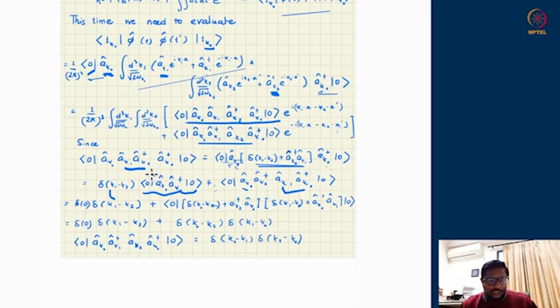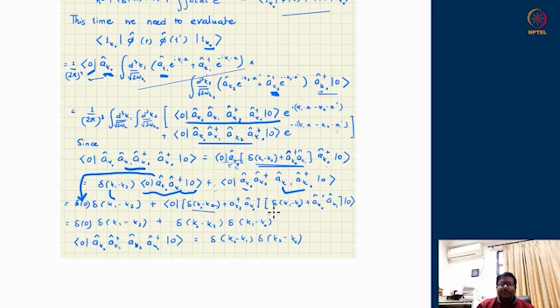So this squeezing is going to give me a delta(0), and I will have a delta(k1 minus k2) multiplying it. Now in this square bracket, I have many terms. This delta(k0 minus k2) can multiply this delta(k1 minus k0), and then the vacuum squeezed. Vacuum is normalized, so I will get the first term as delta(k0 minus k2) times delta(k1 minus k0), and the normalization of the vacuum state, which is 1.